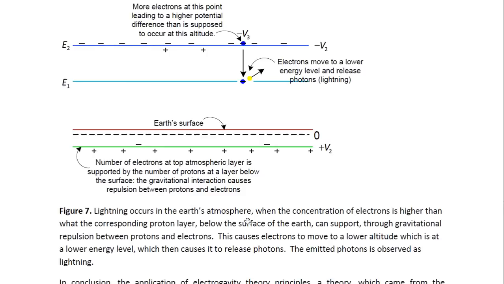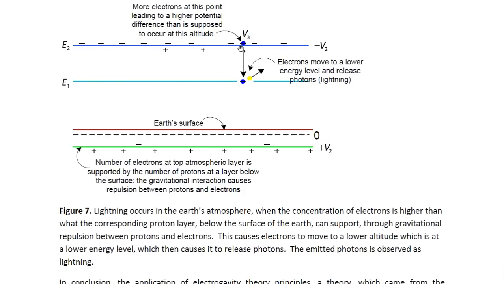So lightning occurs when this concentration of electrons in this layer is higher than what the corresponding proton layer, this one here, below the surface of the Earth can support through gravitational repulsion between protons and electrons. This causes the electrons to move to a lower altitude, which is at a lower energy level.